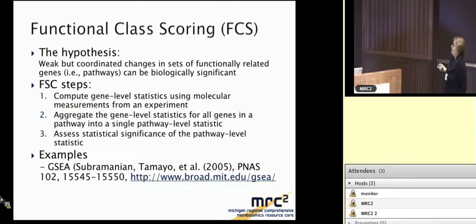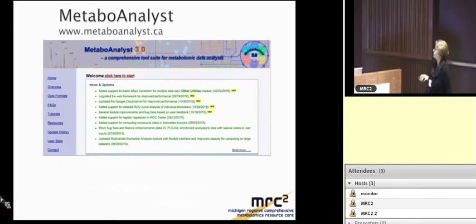And then in step 2, you aggregate these gene level statistics into pathway level statistics, and specific methods for doing that can differ. You are going to hear some more about this. I just wanted to set the stage for it.